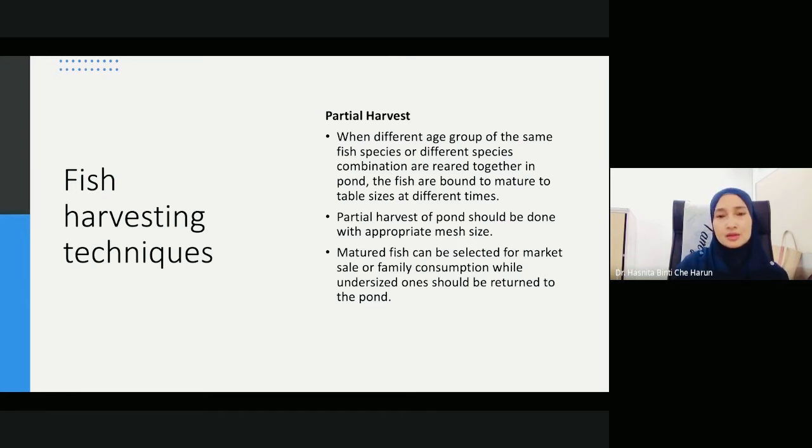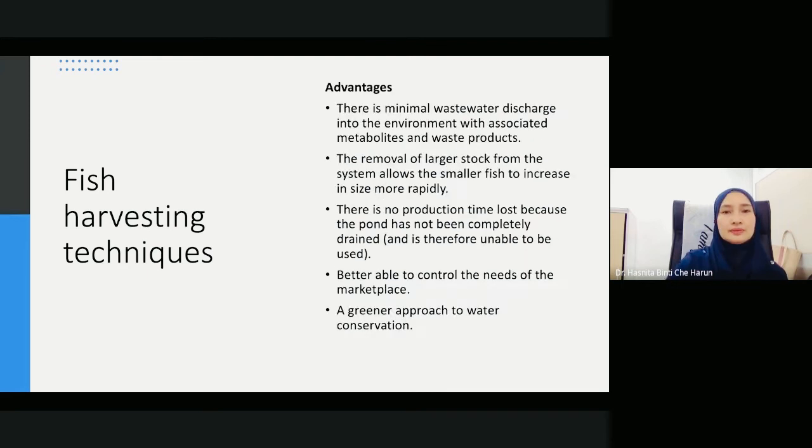And the undersized fish, if you capture them together, you have to return them back to the pond to allow them to grow to reach the marketable size before you can collect them again and sell.